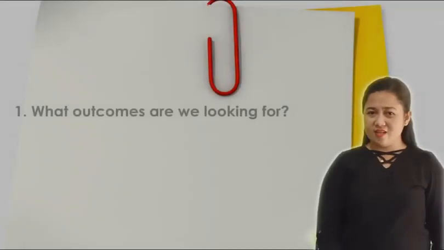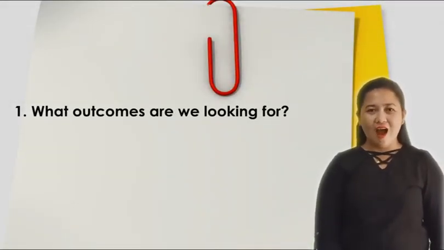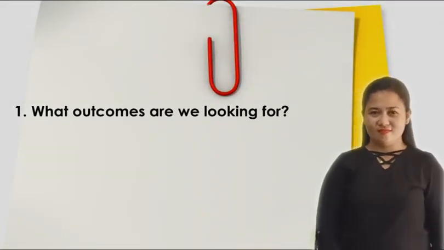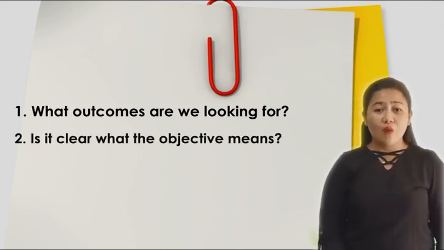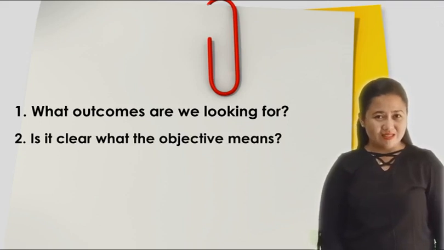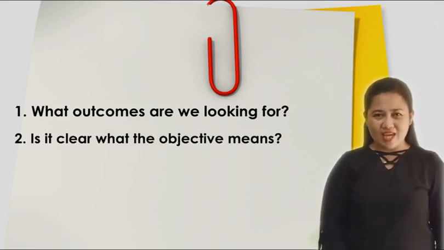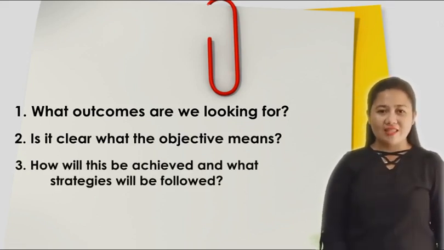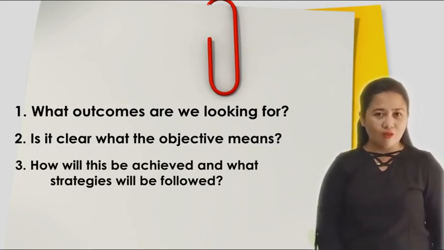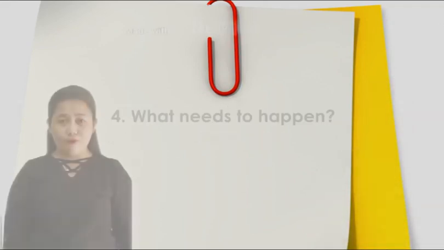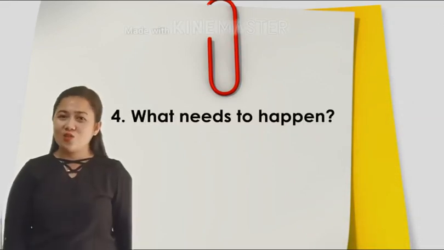Number 1. What outcomes are we looking for? Number 2. Is it clear what the objective means? Number 3. How will this be achieved and what strategies will be followed? Number 4. What needs to happen?